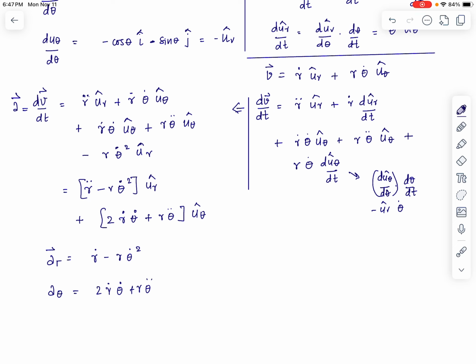Now one of the things we do know here is that there is no acceleration in the theta direction because the angular momentum does not change. So we can set this to be 0.